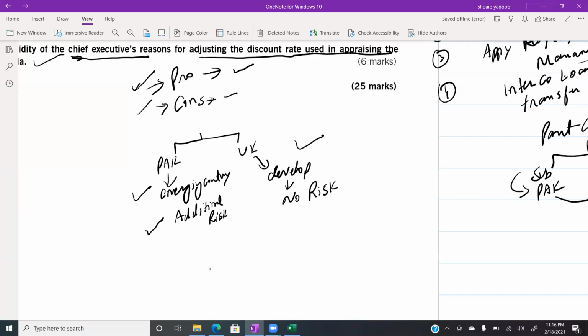And let's suppose you are investing in the USA, you are facing less risk. Both of these countries are almost at a 180-degree angle. This is a risky country, and let's suppose this is a less risky country. If you invest in both of these countries, your risk will be diversified a bit.